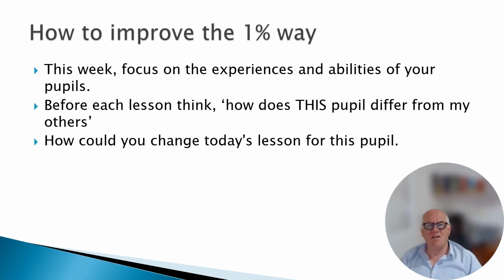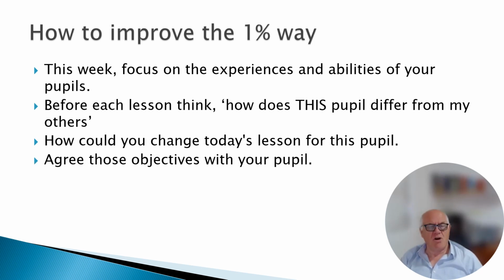How might this pupil differ from maybe the lesson you gave earlier today, or the lesson yesterday, or the lesson last week? What happened in last week's lesson with this pupil? What could you do differently? And it's about structuring it specifically for them. Then agree those objective goals with your pupil. Agree them.